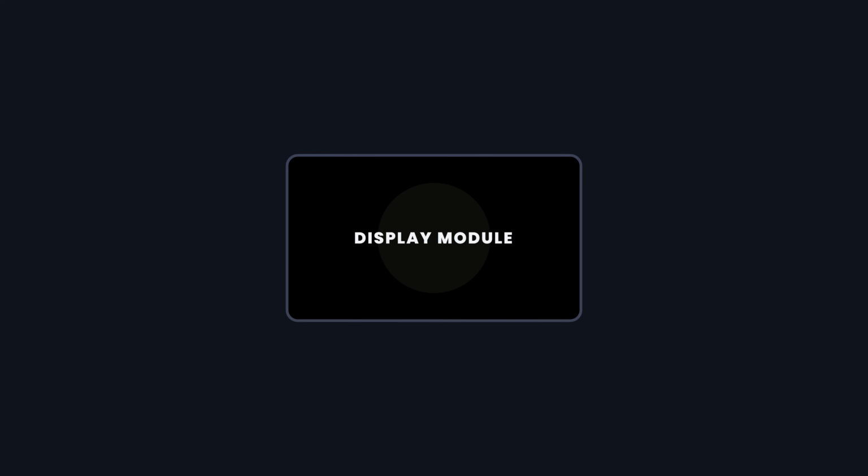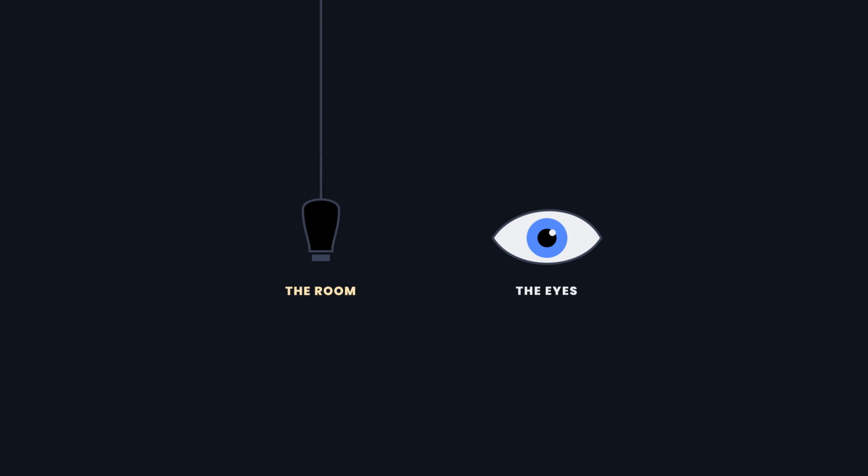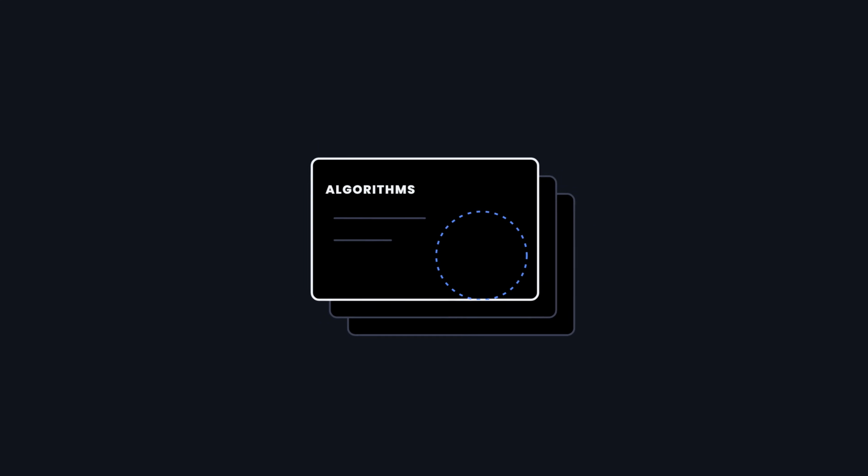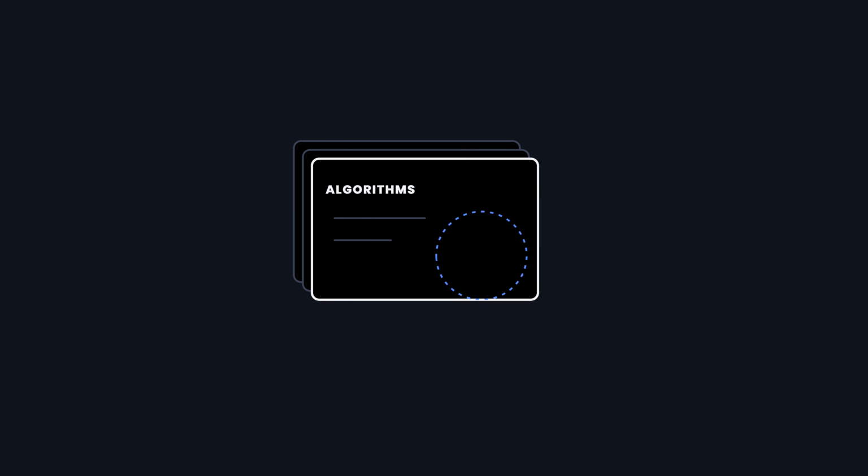RGB 000 is just the instruction. It's the closest thing we have to asking for true black. But whether you actually get it depends on your screen, your room, your eyes, and a handful of invisible decisions made by algorithms in software that you probably never opened.